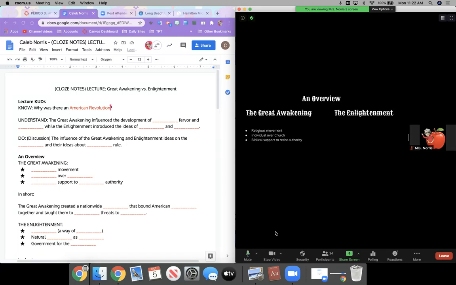And in being a religious movement, how does it relate to a political movement? Well, because they use scripture, they use the Bible to support these ideas of resisting authority, like the church, like the British monarchy. So they were able to support the colonists who wanted to break away from the British by offering them biblical scripture or words from the Bible that supported what they were doing.